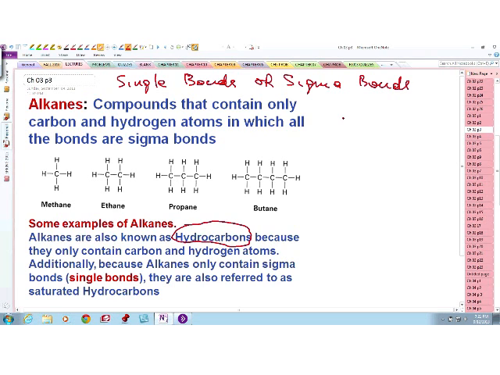Because alkanes only contain single bonds, they are relatively non-reactive compared to other organic molecules. Also, you will notice that alkanes are fairly non-polar molecules.